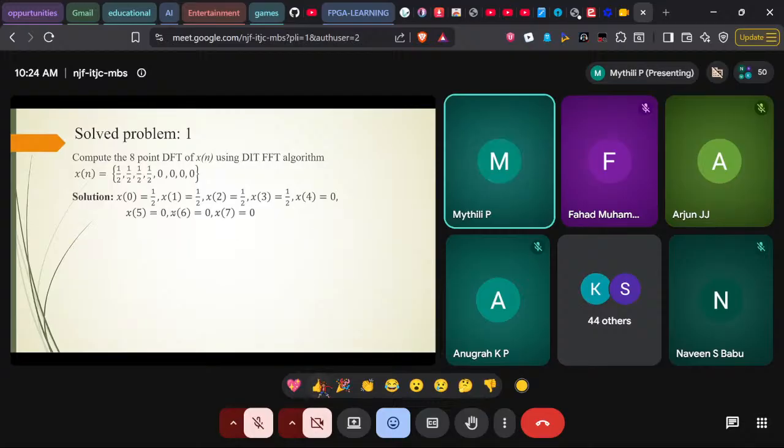So how do we legibly draw this figure? To compute an 8-point DFT. I kept my pen somewhere, just give me a moment. Okay. Now, how do we do this scheme in a very legible way?